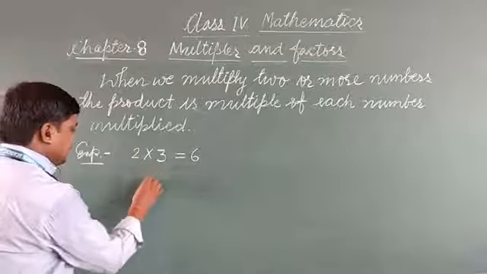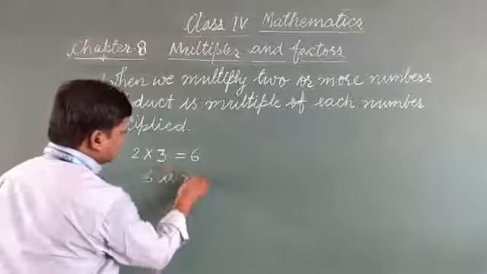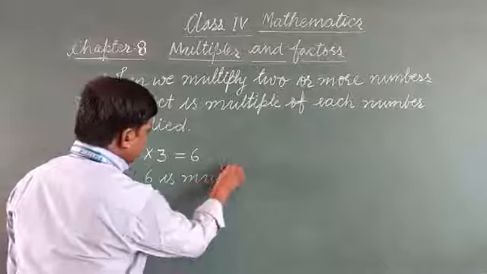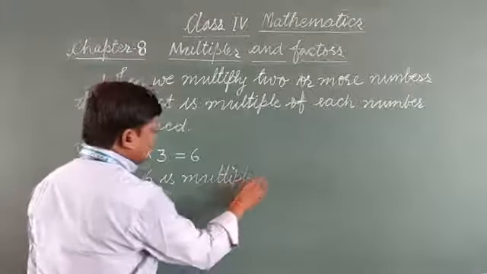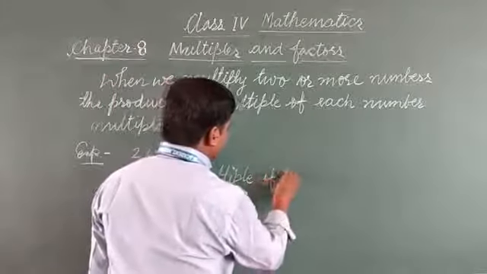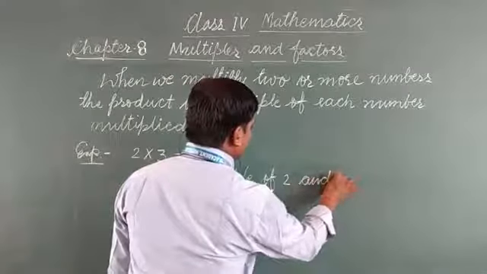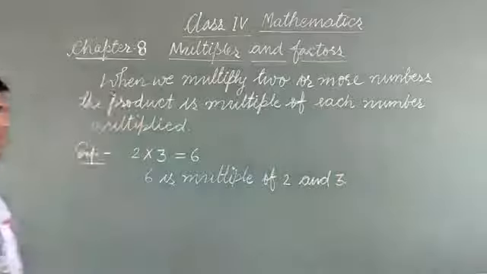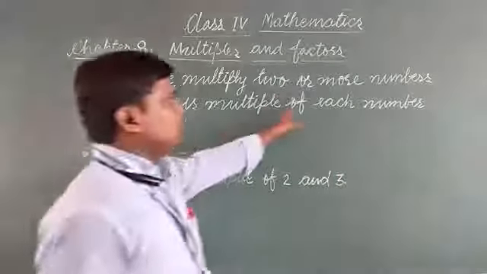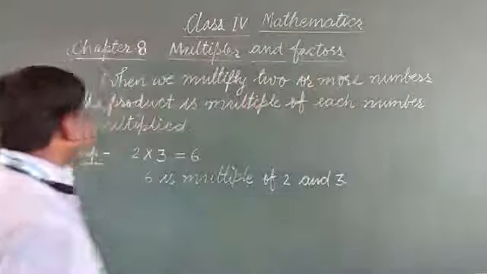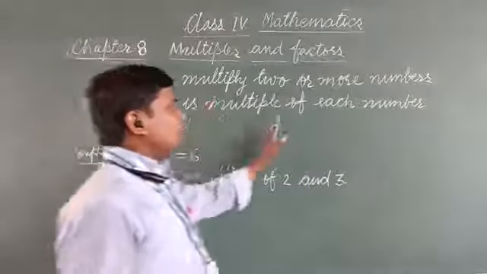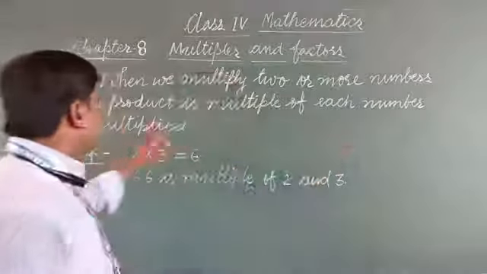So we can write 6 is a multiple of 2 and 3. So when we multiply two or more numbers, the product is a multiple of each number multiplied.